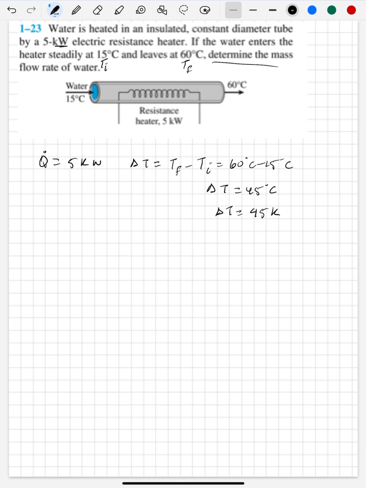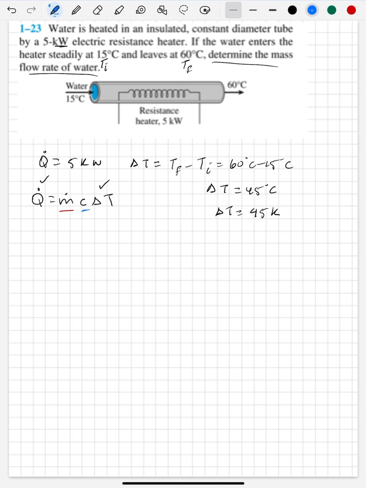They want us to find the mass flow rate, right? We know we have this formula: Q dot is equal to m dot C delta T. In this case, we have the rate of heat transfer, we have the change in temperature, and we are looking for the mass flow rate, and we don't have the specific heat.